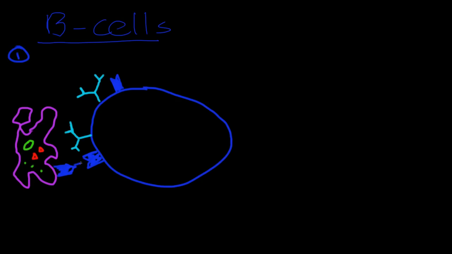These two proteins bind with each other, and right next to the major histocompatibility protein it also presents the antigen. This is called antigen presentation. That's the first step. Antigen presentation. Now the next step is going to be cell division.